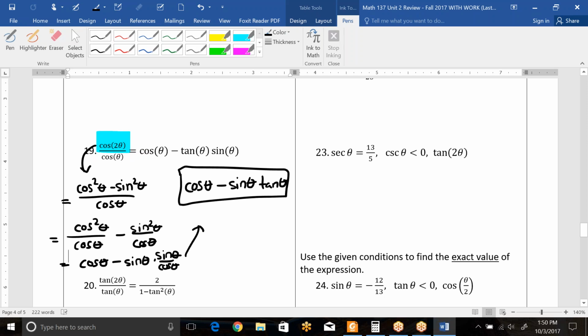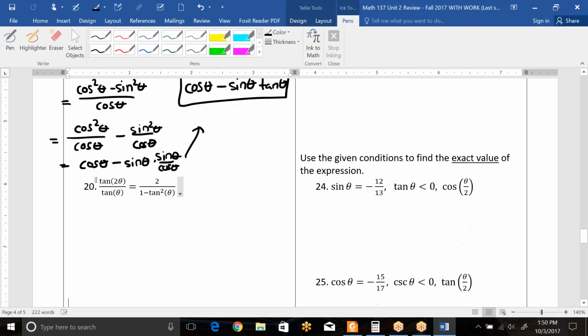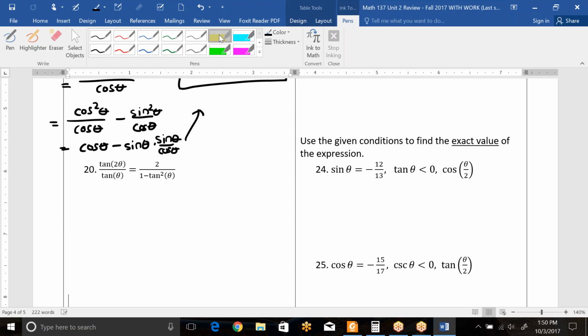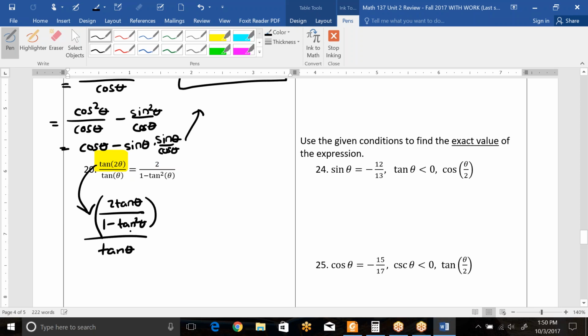And then for number 20, we're going to use the replacement for the tan of 2 theta. So again, using my double angle replacement, this guy right here would actually become 2 tan theta over 1 minus tan squared theta all over tan theta. So I'm going to think of that as tan theta over 1. I'm going to multiply by the reciprocal here.